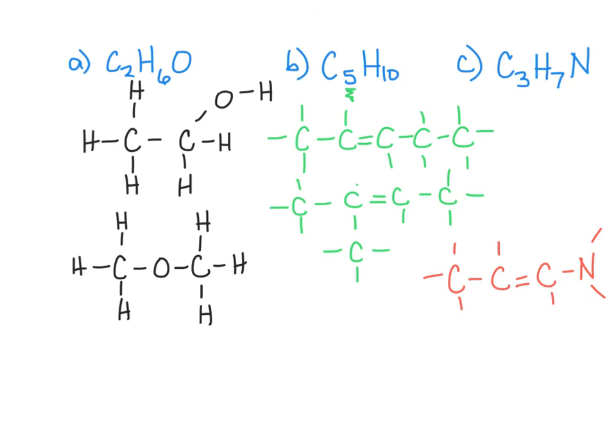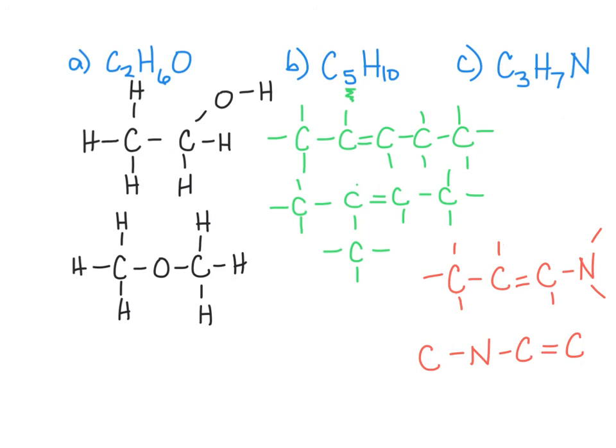Okay, again, I can just move my double bond around, or I can move my nitrogen atom around, or I can do both. So again, this time I'm going to throw my nitrogen in the middle. You don't have to do this. You can just move your double bond around, but it's just another example. I still need that double bond somewhere though, to eliminate 2 of those hydrogens that I need if I was all a single bonded chain.